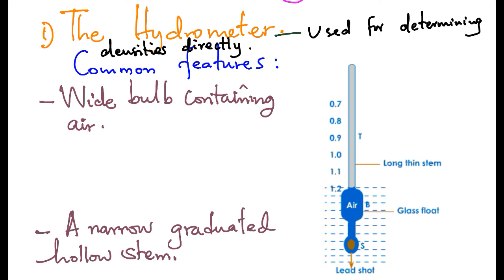The hydrometer has a long thin stem with calibrations of scale running from a minimum value to a maximum value, which in this case is minimum 0.7 and maximum 1.2.